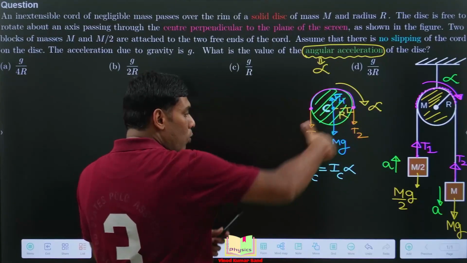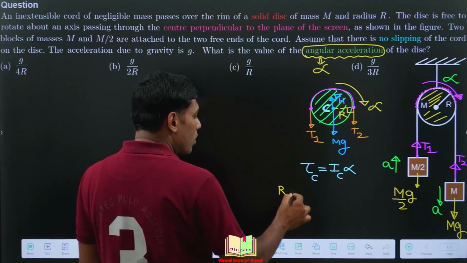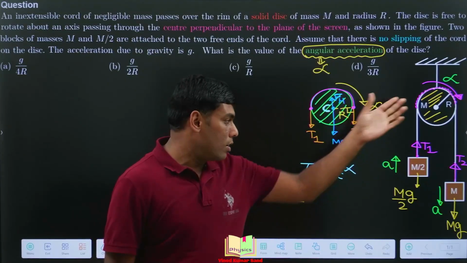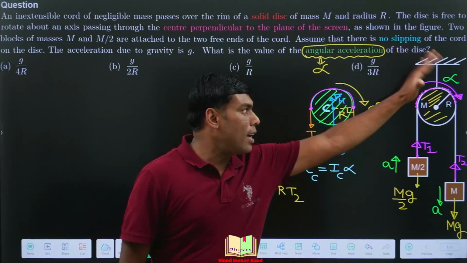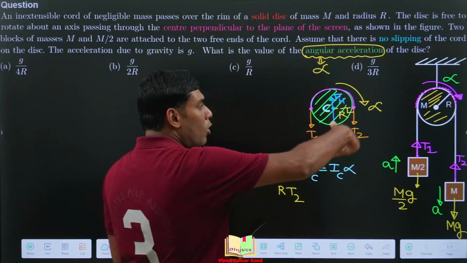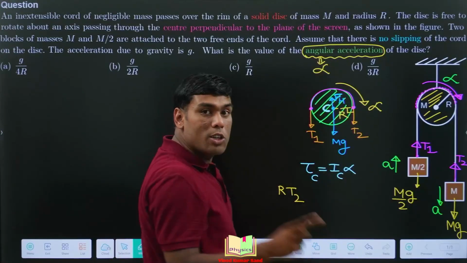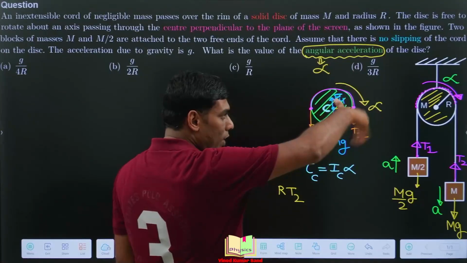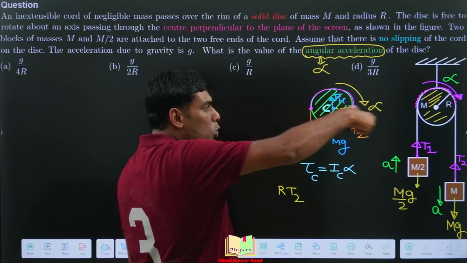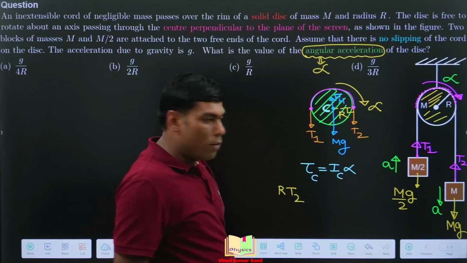So the torque will be rT2. This torque will actually be the dominating torque because the system has the angular acceleration like this. So whatever torque is producing that angular acceleration, that is dominating. See the sense of angular acceleration. See the sense of this torque rT2. Both are directed into the plane of the board.